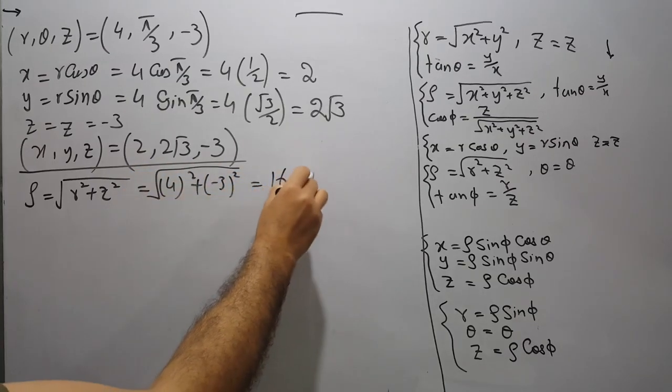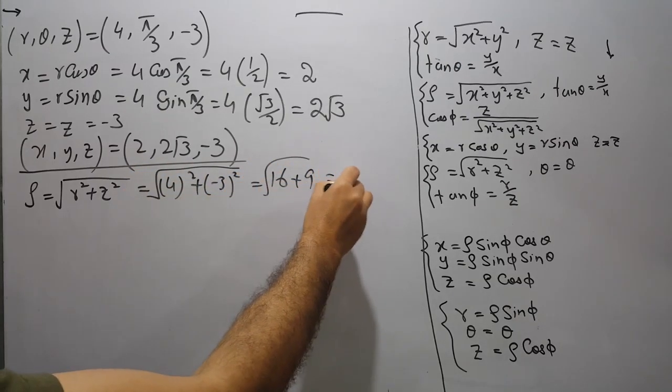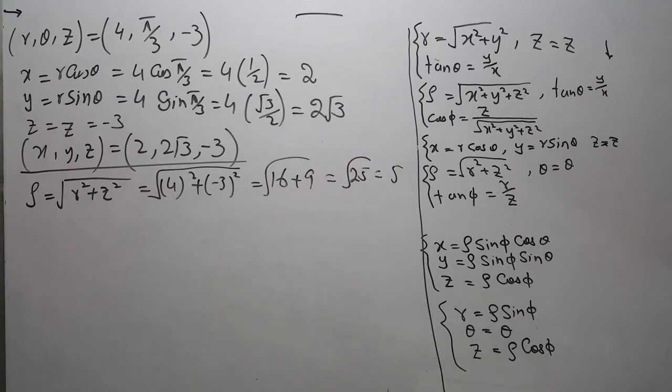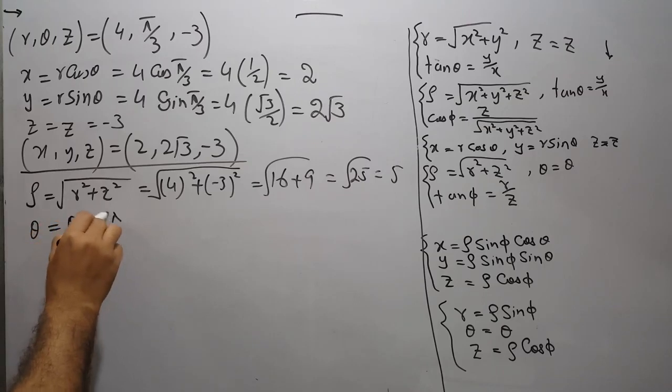That gives us 16 plus 9, which is 25, and the square root of 25 is 5. Now theta is not changing, theta is the same, so we have pi over 3.